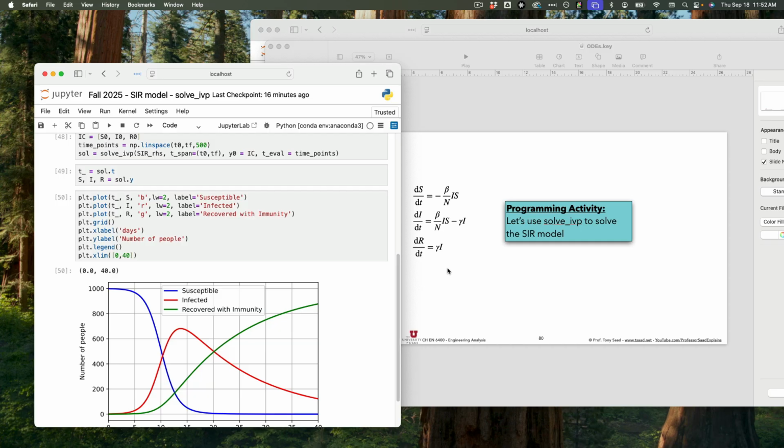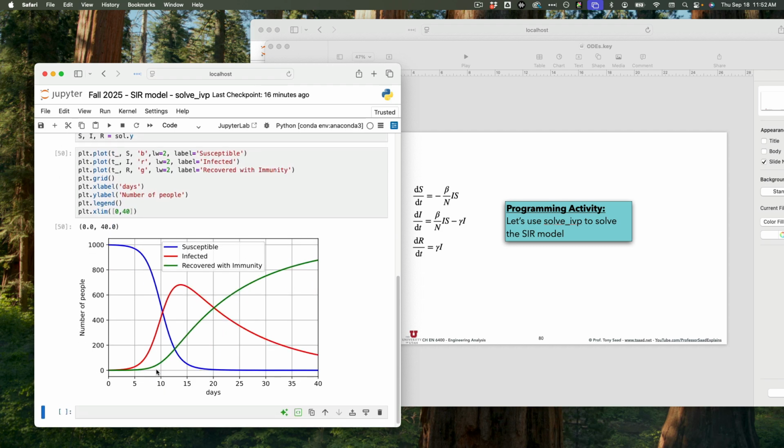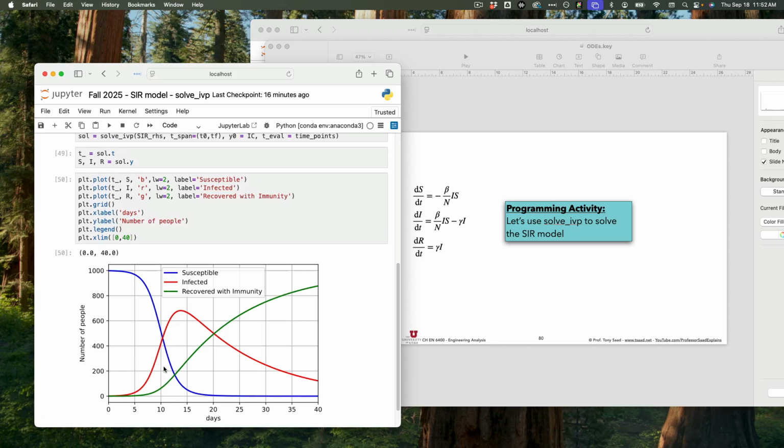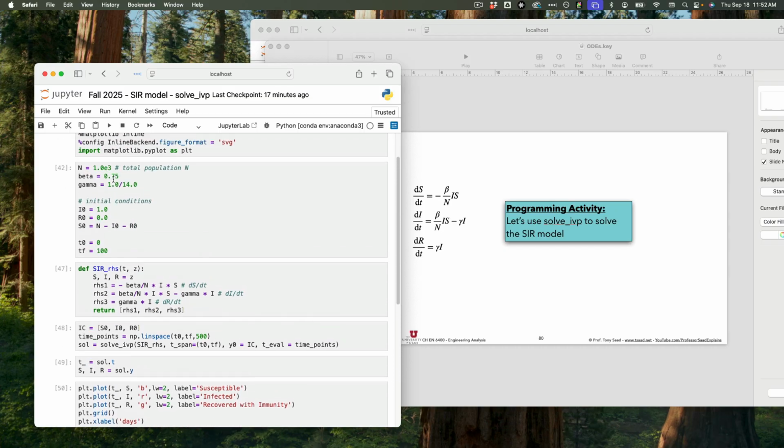So it has to do with the recovery rate. Roughly, recovery is 1 over the number of days. Let's just think what happens when gamma is small and gamma is large.